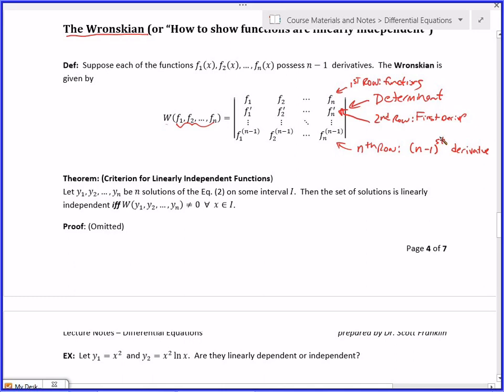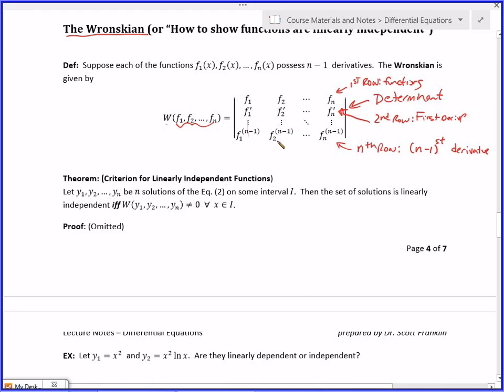Do you see how in each row you just take the derivative of that particular function? So your first column is your first function: the function, first derivative, second derivative, all the way down to the n minus first derivative. The reason we only go to n minus 1 is to make this square, so you have an n by n matrix. Because you start with the function, which is essentially the 0th derivative, then the first, all the way up to n minus 1, you get n rows.